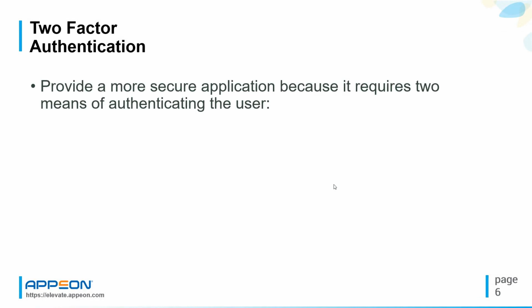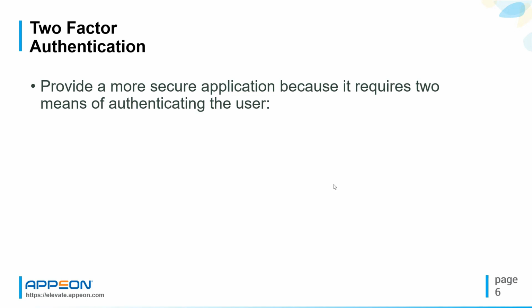and let's talk about what two-factor authentication is. Normally, in most applications, somebody logs into an application or even a website with a username and a password. Now the problem with that is that's two pieces of information that could be easily obtained by a third party and then used to access the person's account and do nefarious things.